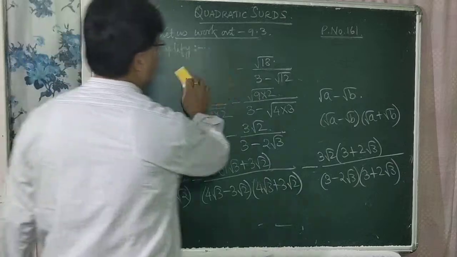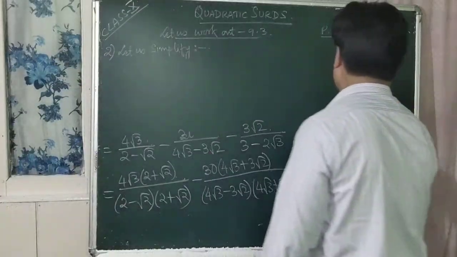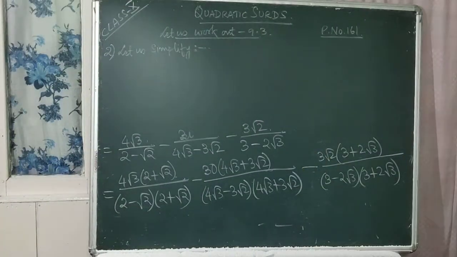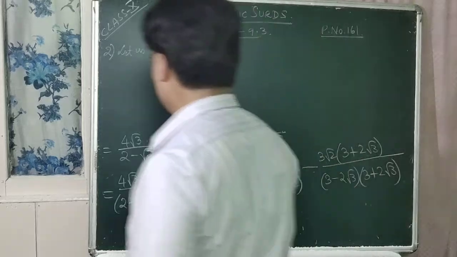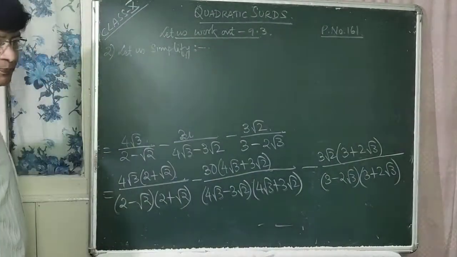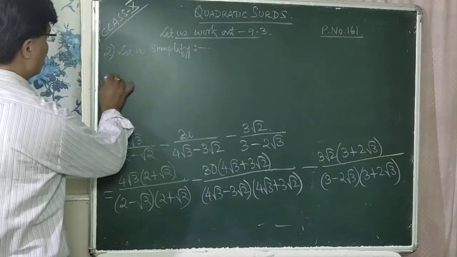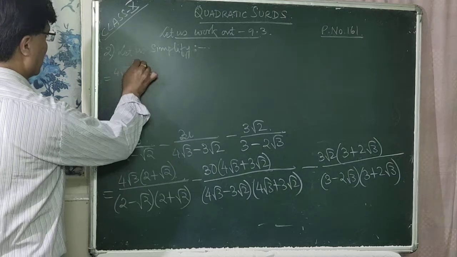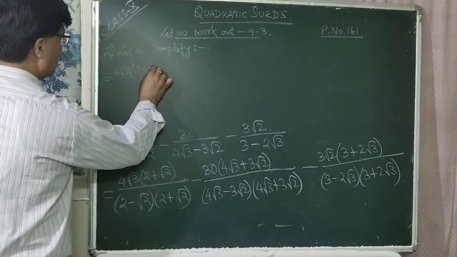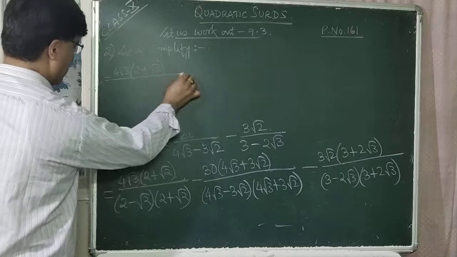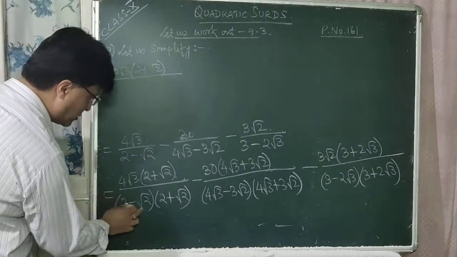Okay. So now let us simplify it. So how can we simplify it further now? Let us simplify the denominator. So it is equal to 4√3(2 + √2) whole divided by (a − b)(a + b).